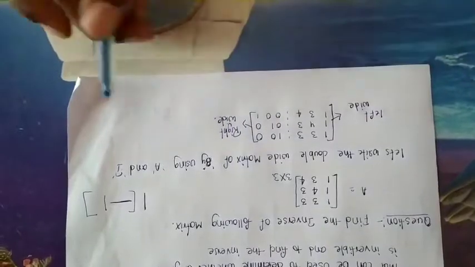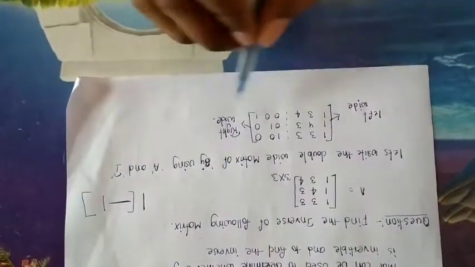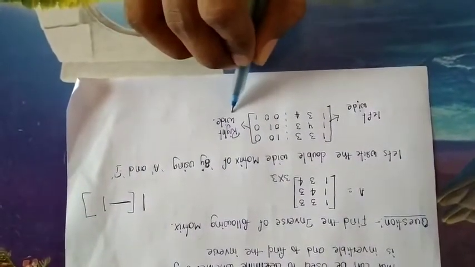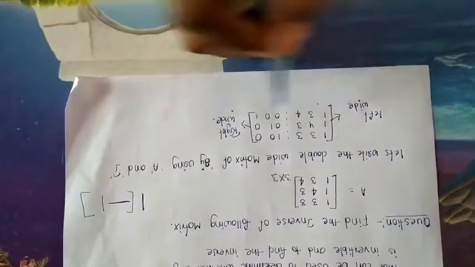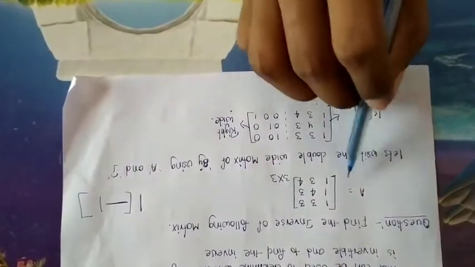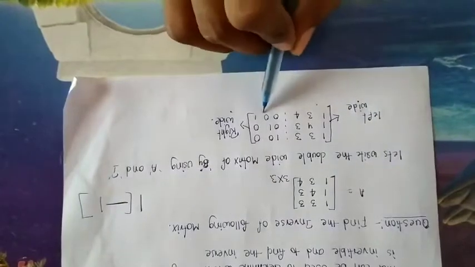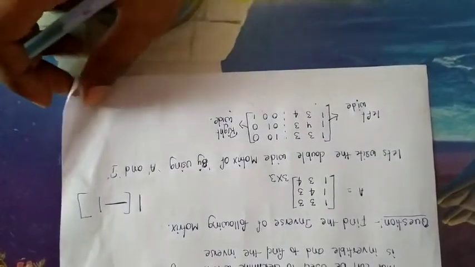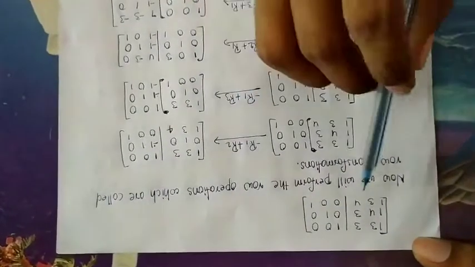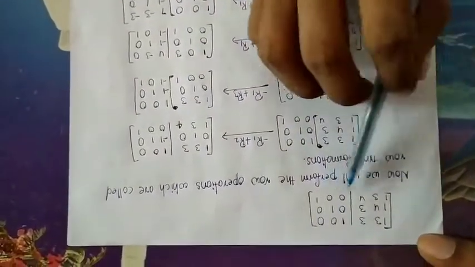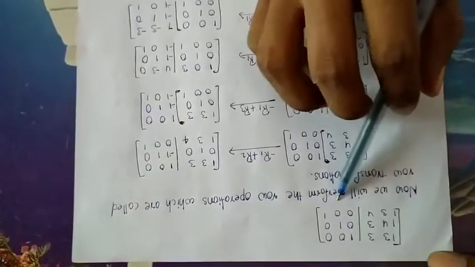Double means two sides: one is the left side, another is the right side. On the left side we put matrix A, that is the given matrix, and on the right side we put the identity matrix. We convert the matrix into this double wide format.